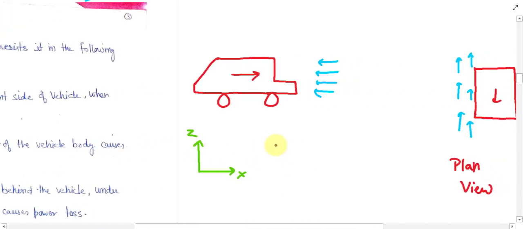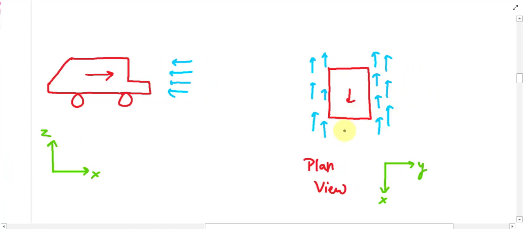In the next point, friction of air against the side of the vehicle body causes resistance. For this we are moving to this figure. This is the plane view, or you can say plan view, in the horizontal plane, that's why the vehicle is moving in this direction. That's why I provided the x-axis in this direction. X-axis is the longitudinal direction, where the y-axis is the lateral direction.